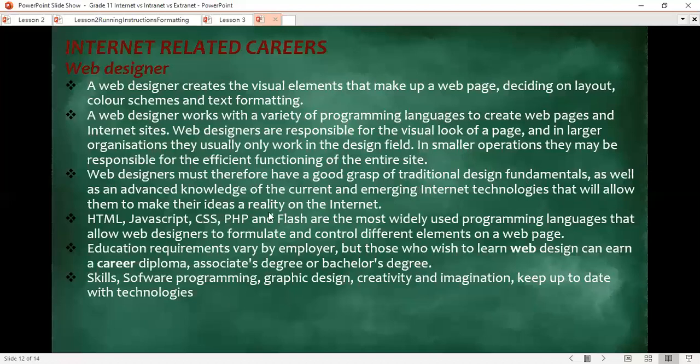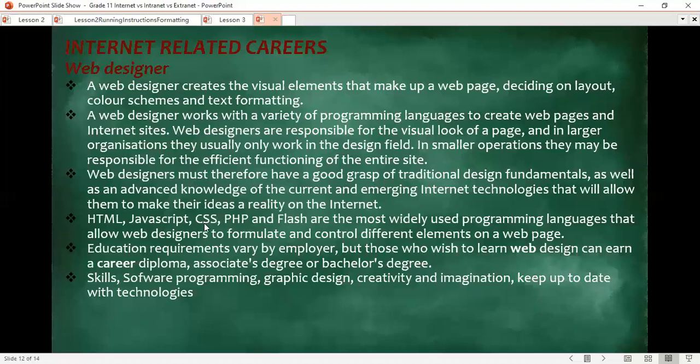And another thing, they must keep up with the current technologies so that they can do something that is relevant in the current time. So we have discussed two skills that a web designer needs. First, they must know programming languages. Secondly, they must be good at designing, and they must keep up with the current technologies.